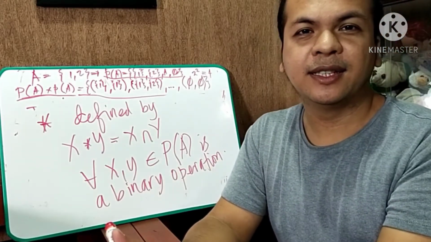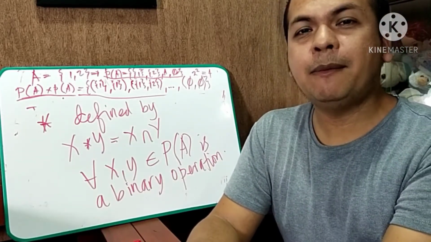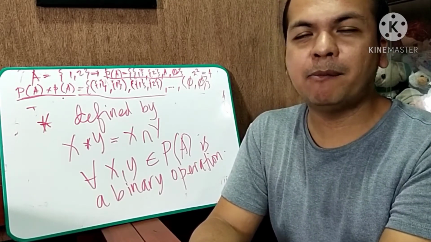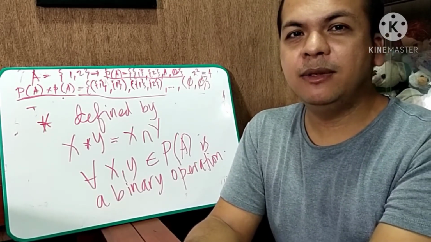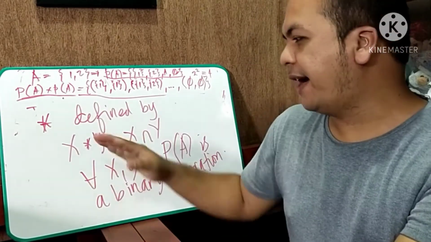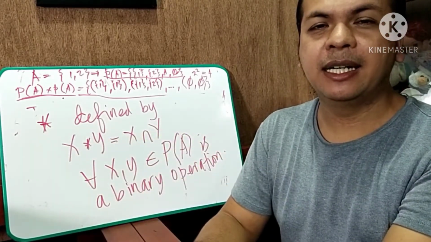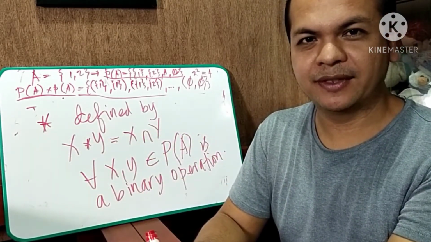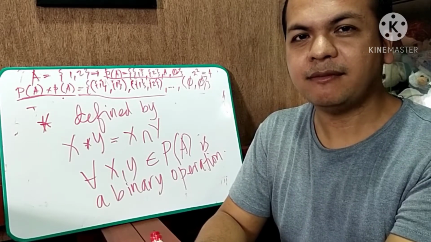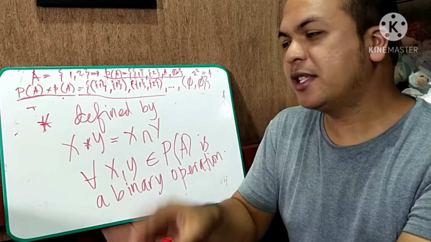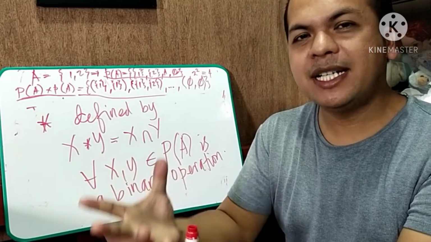Okay? So, yun lang naman yung kailangan natin gawin para maipakita na yung operation na to, defined by this, is a binary operation.